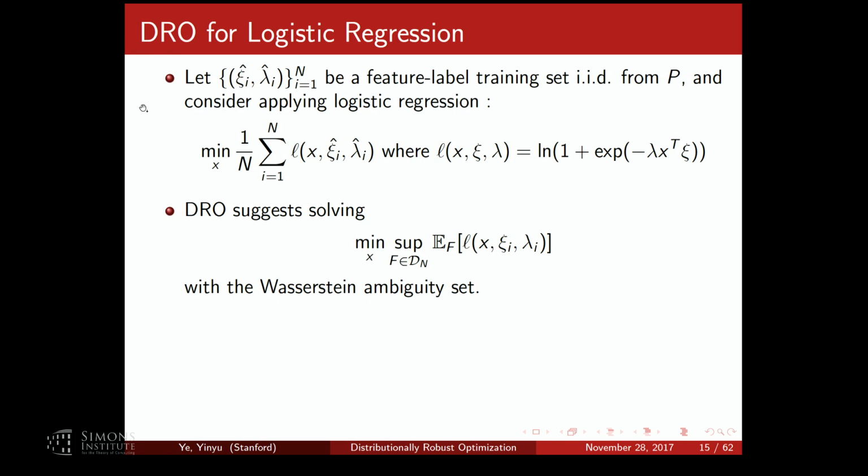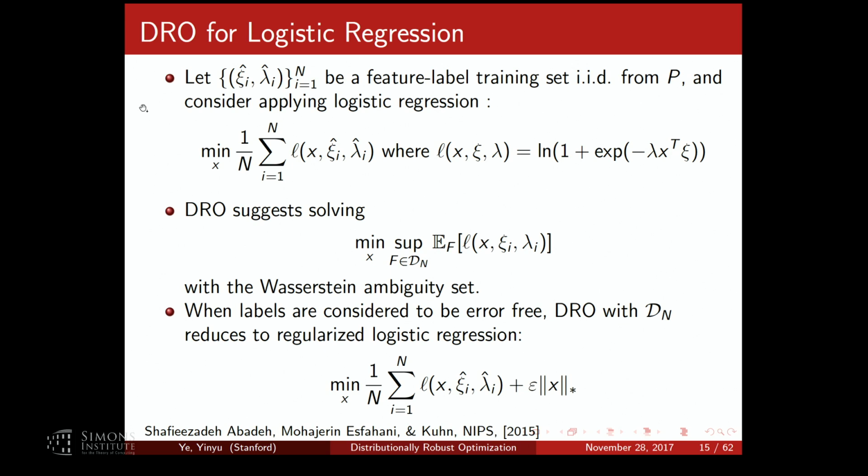Basically, assume the logistic regression data have some uncertainties, and this reduces actually and reaches a connection to this kind of regularized logistic regression. I believe John also did work on this one. This depends on what cost you're going to use and the different norm. You may have a different norm regularization.